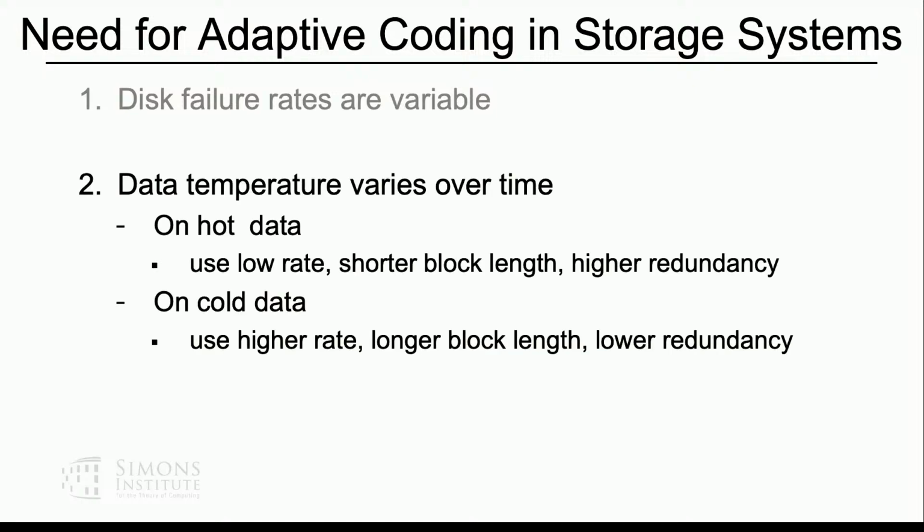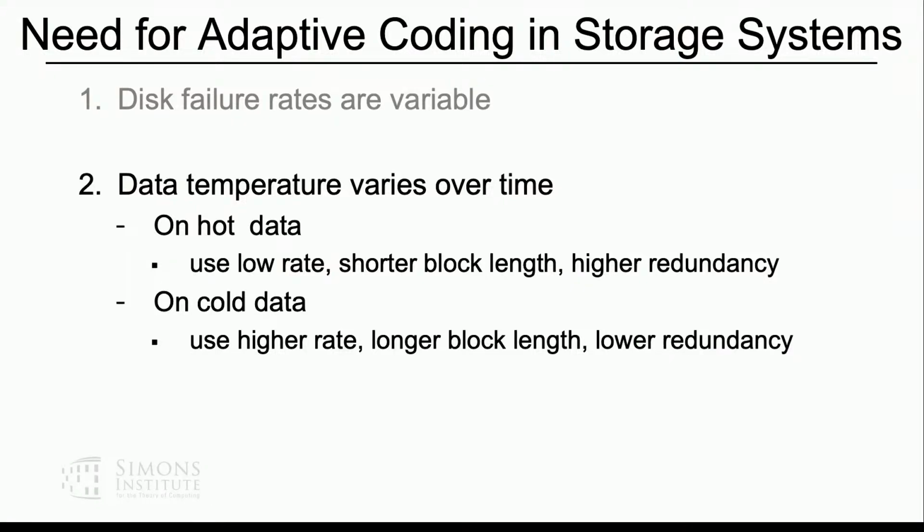Another reason, as I was just mentioning, is that the data temperature, that is the frequency at which a particular data piece is read, changes over time as well. When the data is hot, you would want to use lower rate, that is higher redundancy and shorter block lengths, because if that data is down, you will have to reconstruct on the fly.